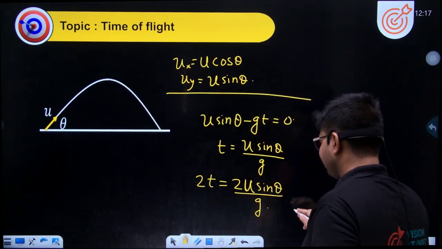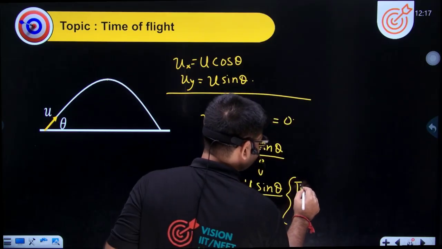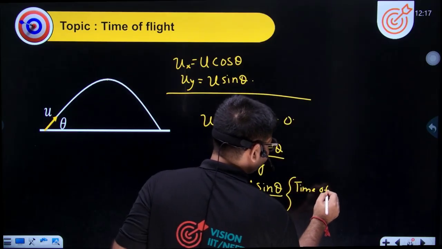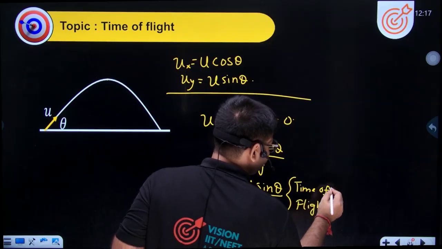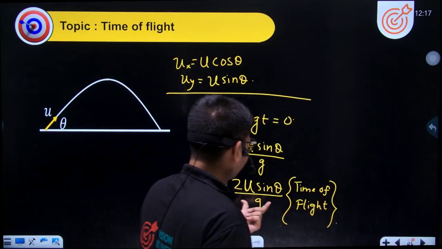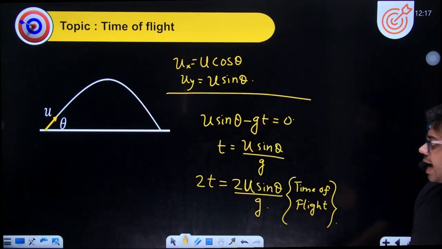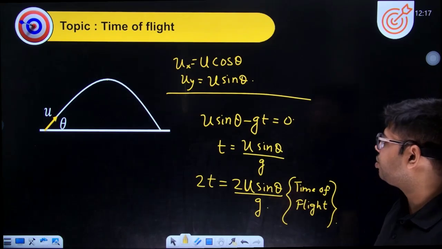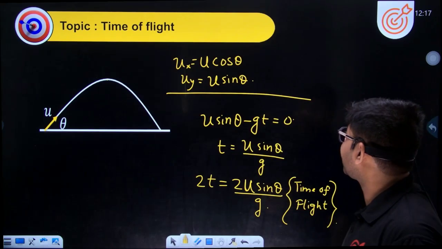So this you can write as the time of flight. And you see this time of flight is dependent upon theta value. Okay. And as I said that this time of flight is going to be maximum when sin theta is maximum, that means theta is equal to 90 degree.